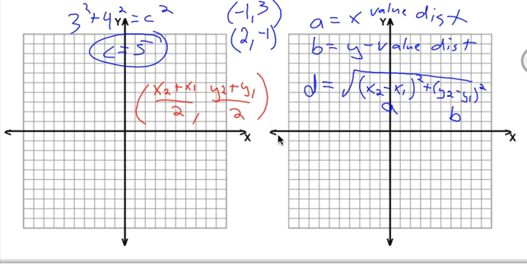So for this particular problem, I would add -1 plus 2 over 2, and I would do 3 plus -1 over 2, and I would get 1/2 or 0.5 for my x value, and I would get 1 for my y value. That is the midpoint of that line.